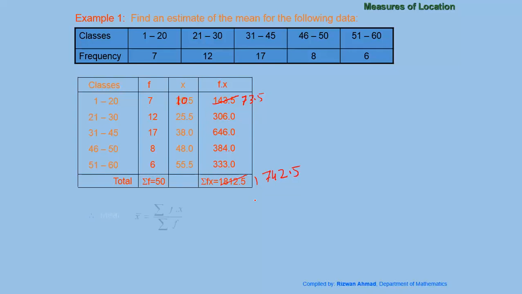And then we will divide these two values, and this will be different now, and then it will also affect the final answer. So it will be 1742.5 divided by 50.